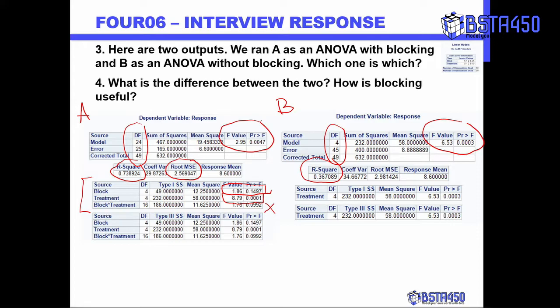On the other hand, if you take a look at only the treatment, it will generate the exact same F value for the entire model, because it's treated as a one-way ANOVA, and it shows you that there are differences from one treatment to another. So these are the differences between A and B. In this case, although blocking is not necessary, it does help protect.